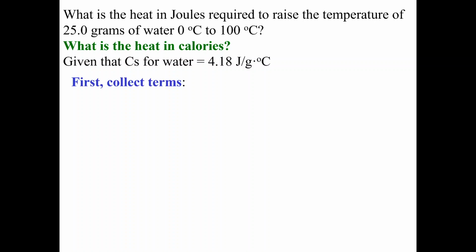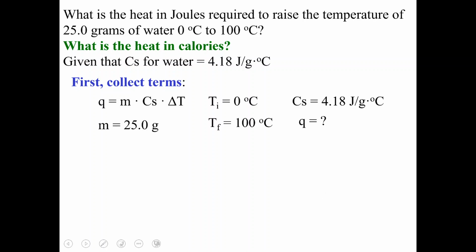First thing we want to do is collect the terms that they gave us. The initial temperature is 0 degrees C. The final temperature is 100 degrees C. We have a Cs, a specific heat for water, of 4.184 joules per gram degrees C. And we have a mass of 25 grams.